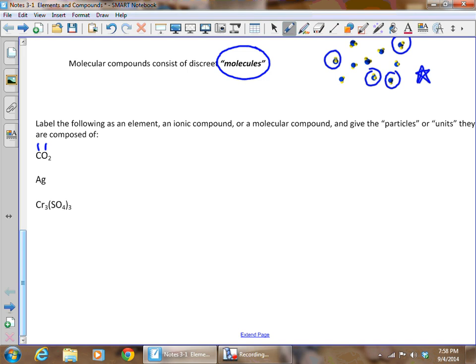If you look on the periodic table, you'll see that both of these are nonmetals. Since they're both nonmetals and there are two different elements in it, it is a compound, specifically a molecular compound, because it has all nonmetals in it. And since it is a molecular compound, this one's easy. It's made up of molecules.